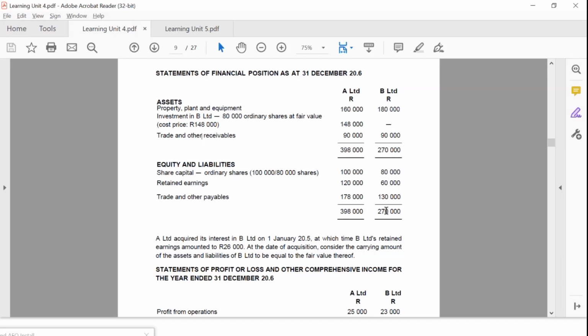And this principle will never change. When you go to third year, when you go to honours, it's the same thing. And remember, at third year and honours level, everything is consolidation, I promise you. Because when you go to any big company, a company that you work for probably has acquired other companies.